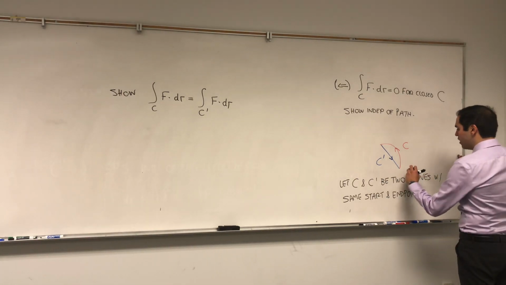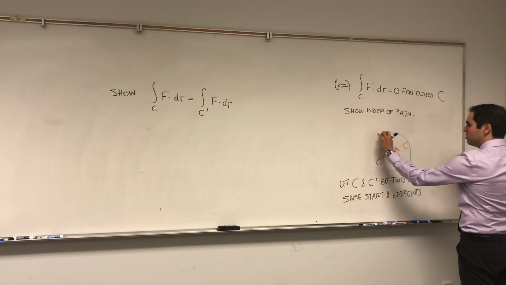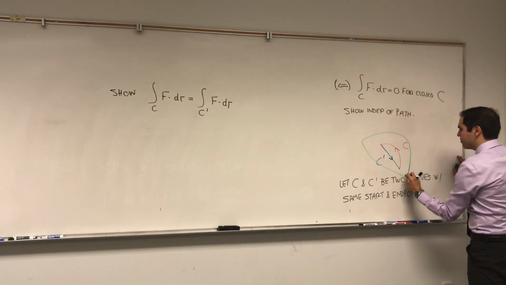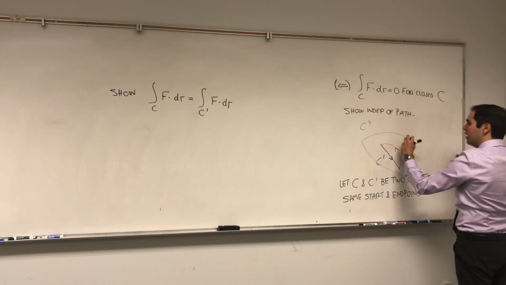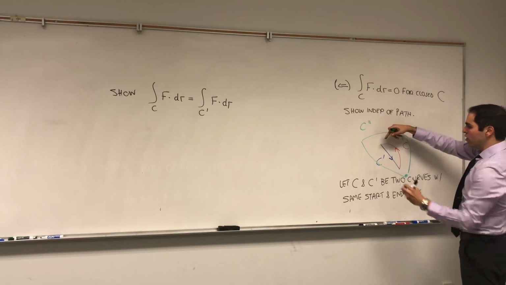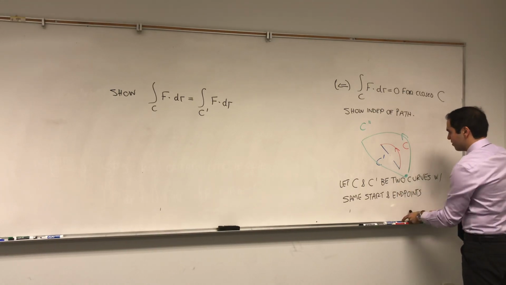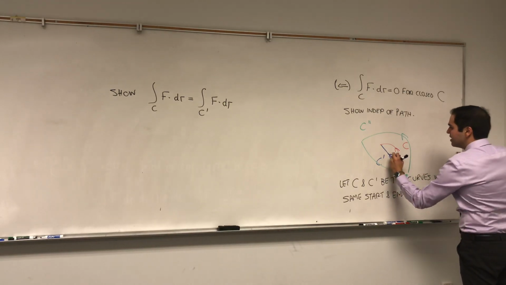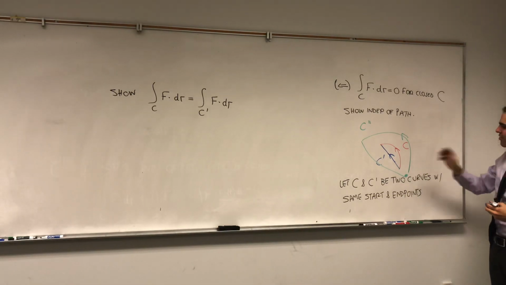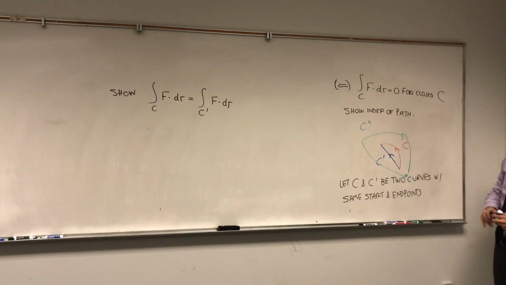Well, just start at this point here and just loop around. So in other words, consider the following path, C double prime. You start with C and C prime, same start and end points.